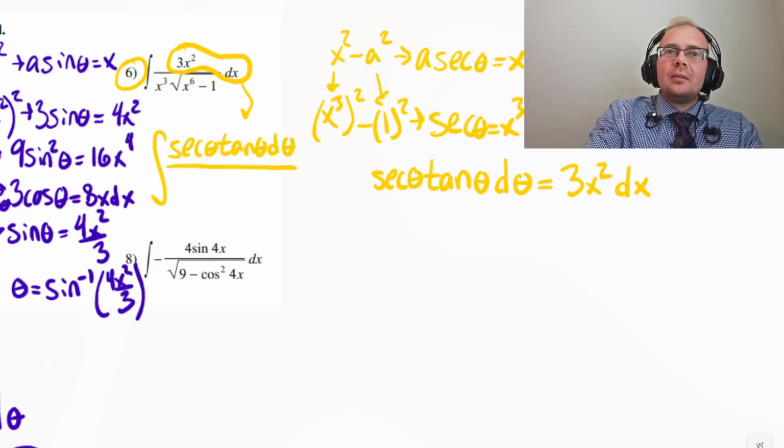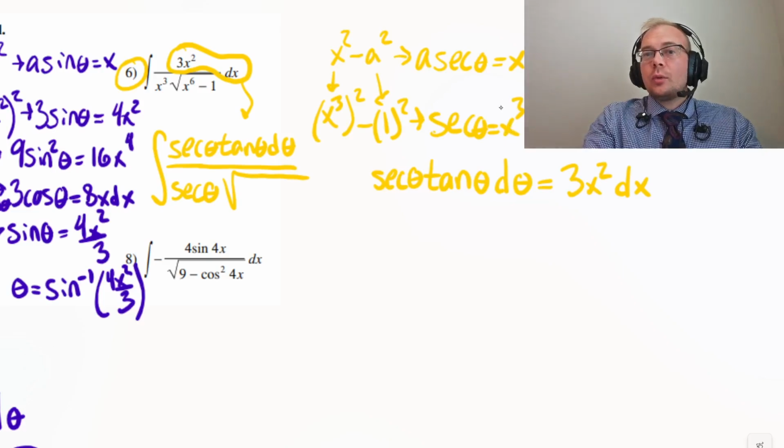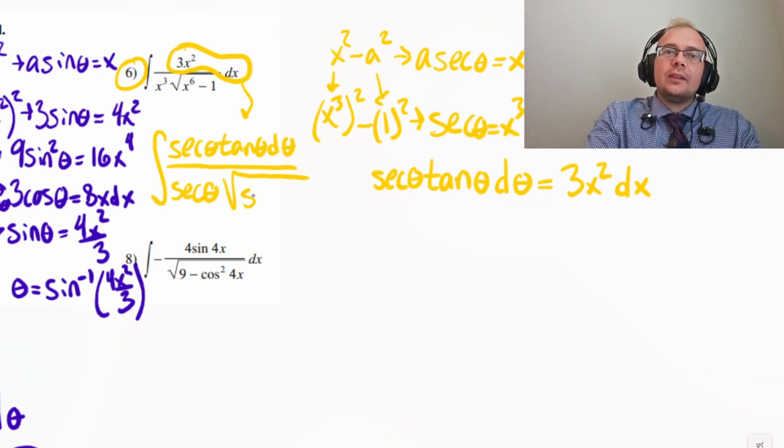And on the bottom, I have another x term. I actually have an x cubed. X cubed is equal to secant theta. That's my sub, so I'm going to sub that out. And then inside the radical, that's going to be x to the 6th, which is x cubed squared, or secant squared. So this is secant squared minus 1.